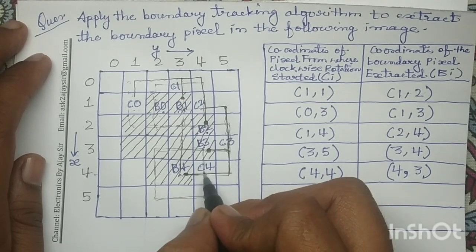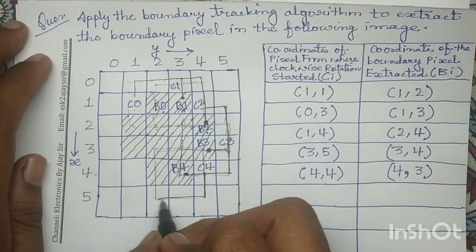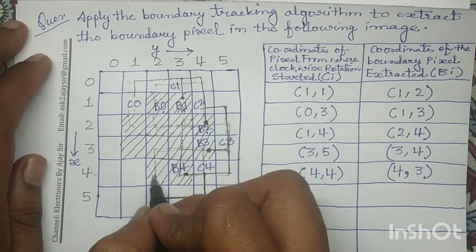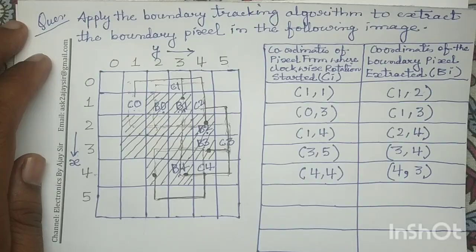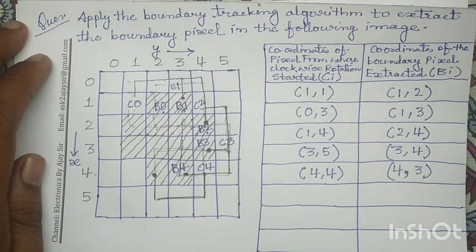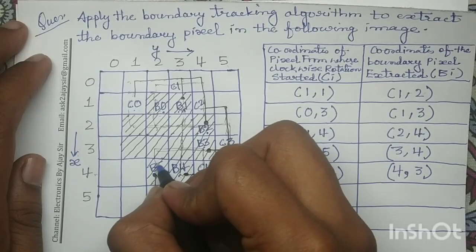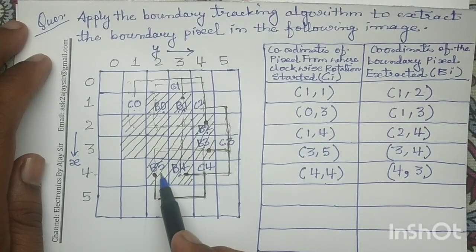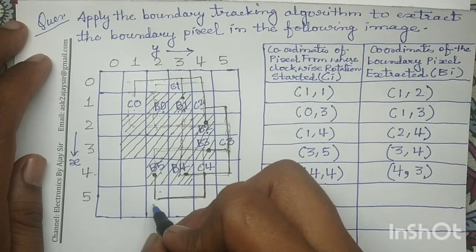So from C4, if you move in a clockwise direction, you will reach this boundary pixel. Now this boundary pixel, I will mark it as B5. And before reaching B5, this is my background pixel. So I will mark it as C5.